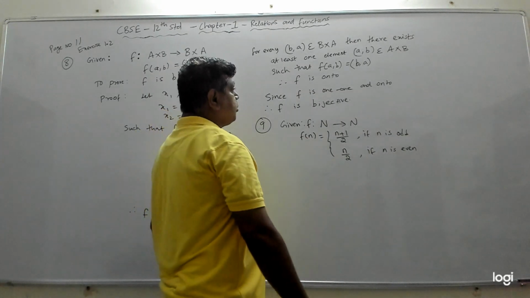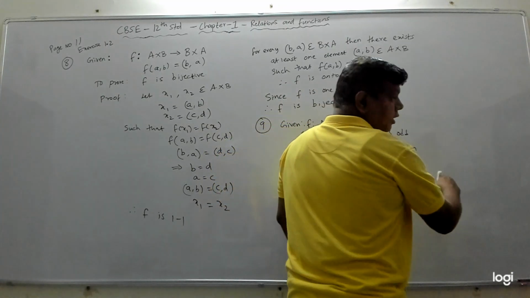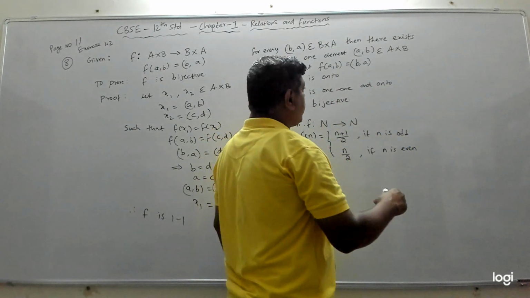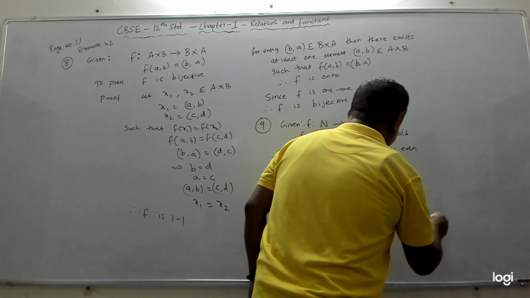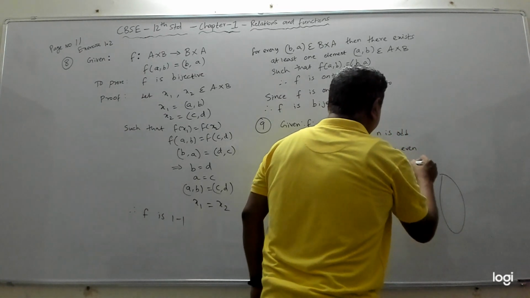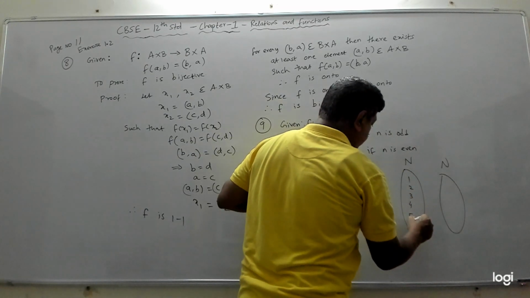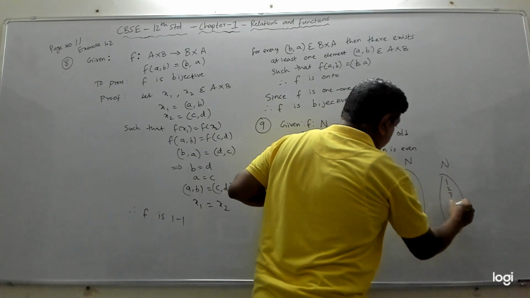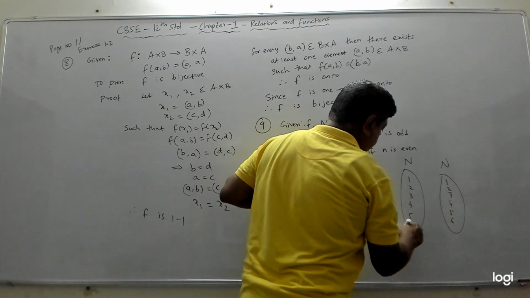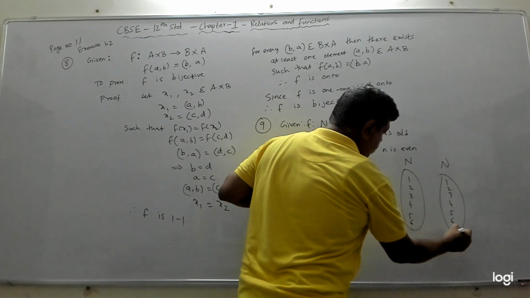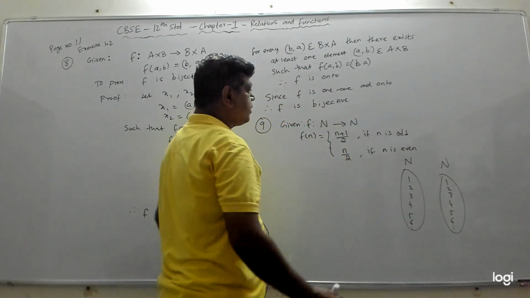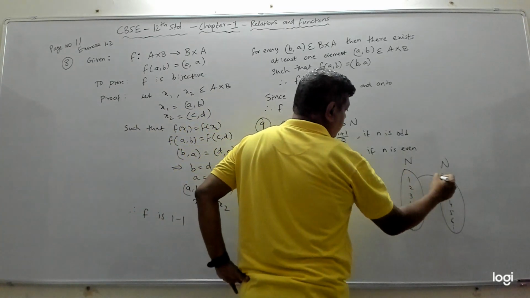Let's consider our usual arrow diagram for this. Suppose there are two sets N to N. Let's take 1, 2, 3, 4, 5, 6, and it goes on, there are many numbers. This is a function f.